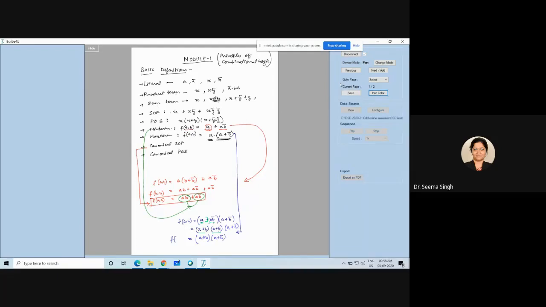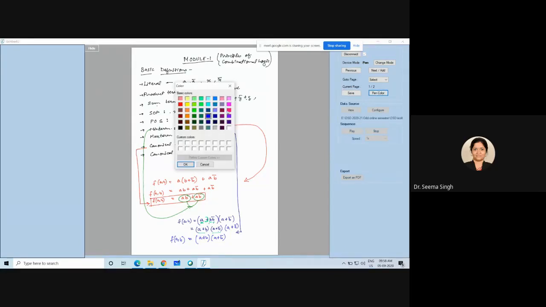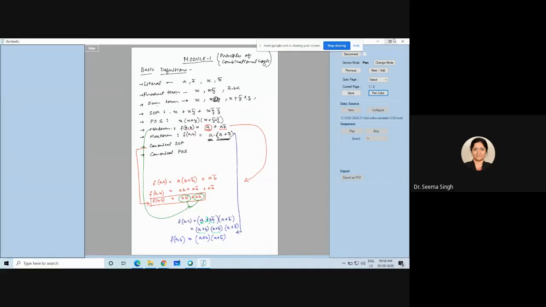So what happens? Now can I say that it is in a canonical form? So yes, it is in a canonical form now. So max term means what? Max term means these, and these are max terms.